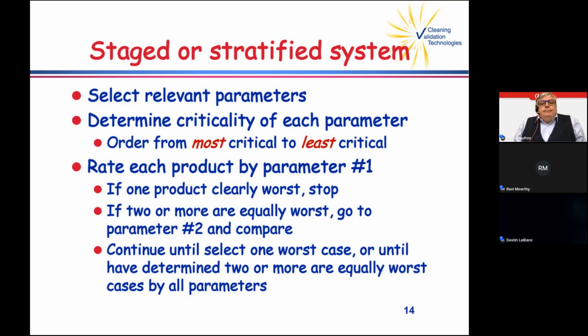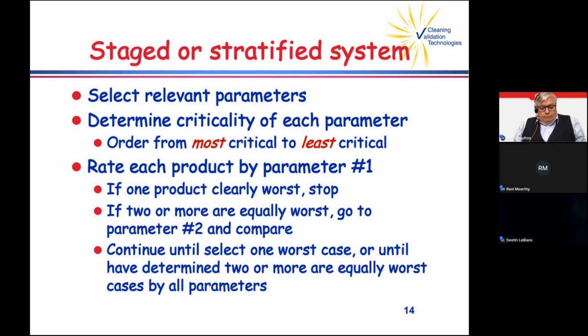If one product is clearly the worst just based on that one parameter, then you stop and you don't go further. If there are 2 or more products that are the worst case by that parameter, then you go to the second parameter and do a comparison. And if there's one product that drops out, that is the most difficult, the worst case, then you stop.